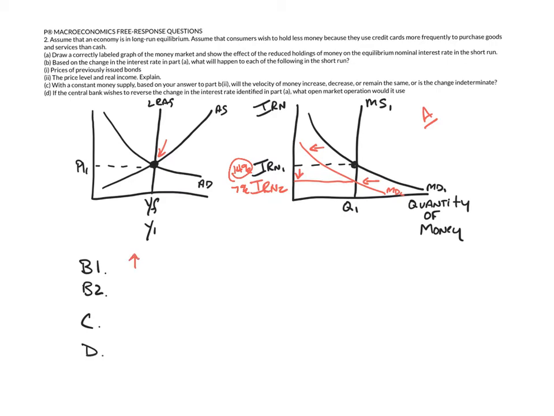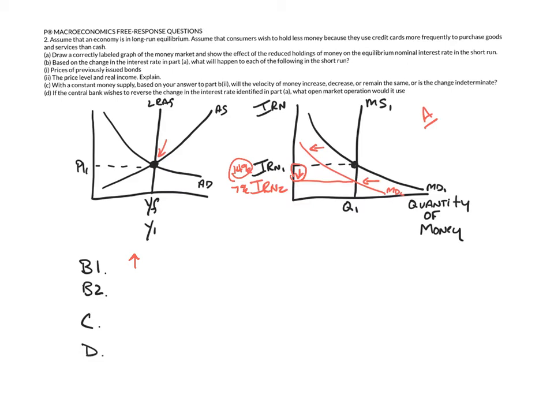If you look at part two, the price level and real income, well, as nominal interest rates went down right here, essentially that means real interest rates will also go down because nominal interest rate went down, banks are going to let you borrow money at the real interest rate much lower.